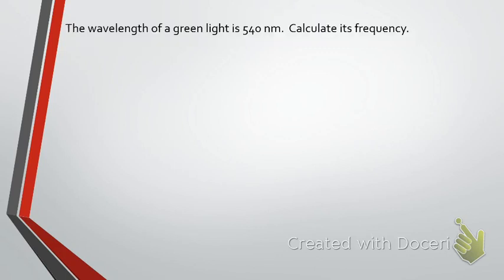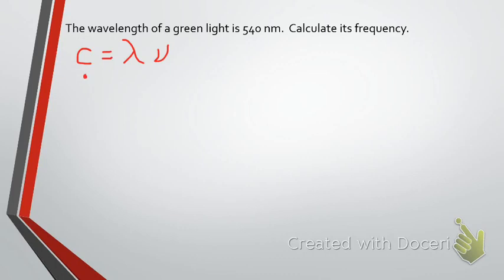So let's work an example. The wavelength of a green light perceived by our eye is 540 nanometers. Calculate its frequency. So let's see, how do we go about working this? Well, remember, the speed of light is equal to lambda nu. We're given lambda and c is a constant.